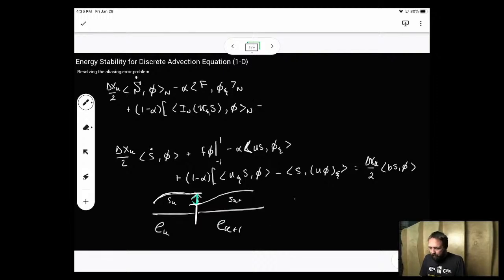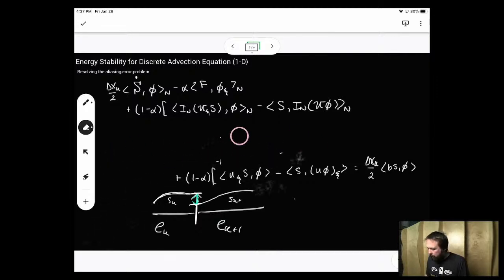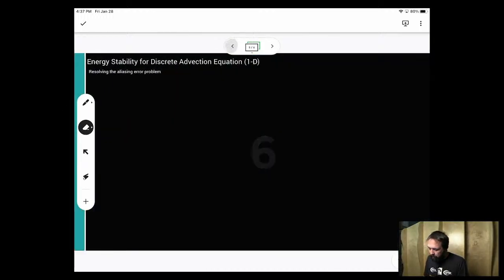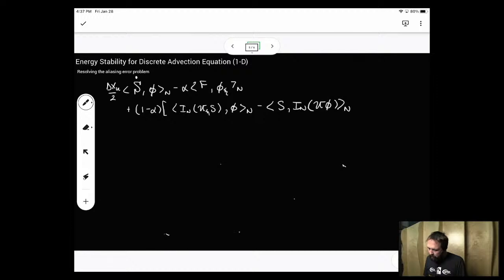Again, because we're doing discrete quadrature, then we have s, and then we have I_n of u and phi, n. On the right-hand side is where I'm going to move my Riemann flux. So that's all going to equal minus the Riemann flux.